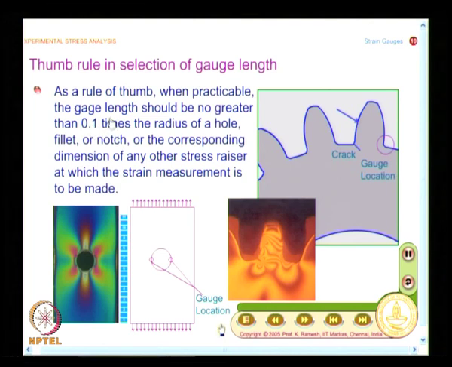This is only a recommendation. If you are able to match it, well and good. And you have stress concentration in the case of a plate with a hole, and I also said instead of pasting it on this surface, paste it on the inner surface of the hole.